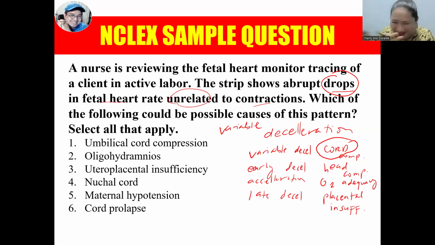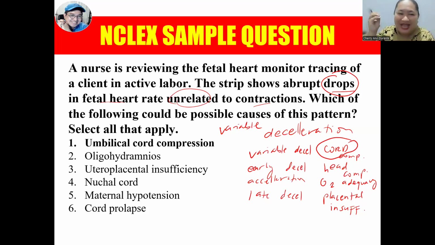Select all that apply. Where is the indication that it's cord compression? Cord compression. Ooh. Come on, keep it coming. Cord compression, it's there, guys. Okay. One. Some of you say one. Correct. Umbilical cord compression. It's there, right?